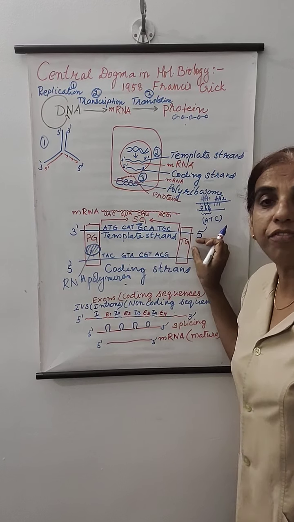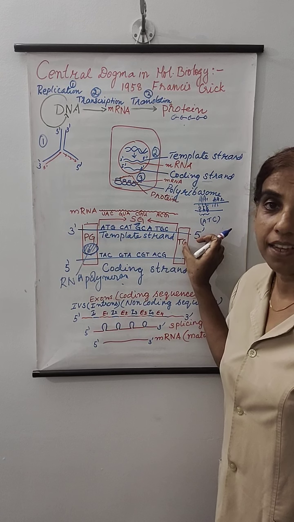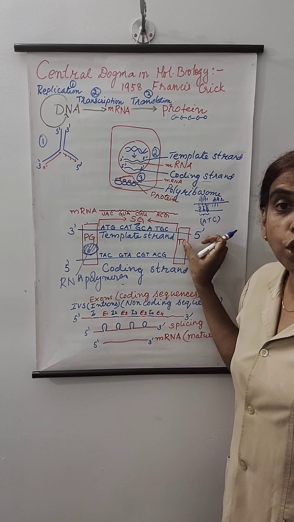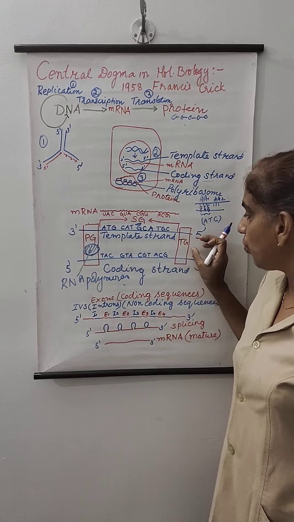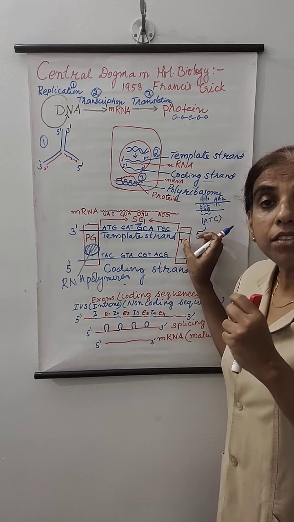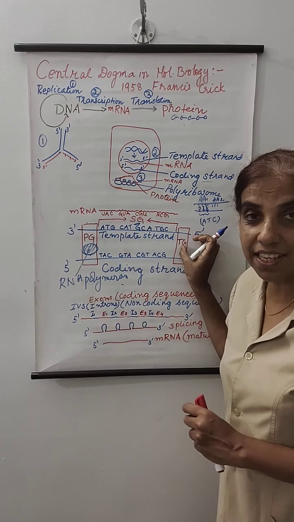And now we have the third region, you call it the terminator gene. So this is the region where the transcription process will end. This holds the end signal.